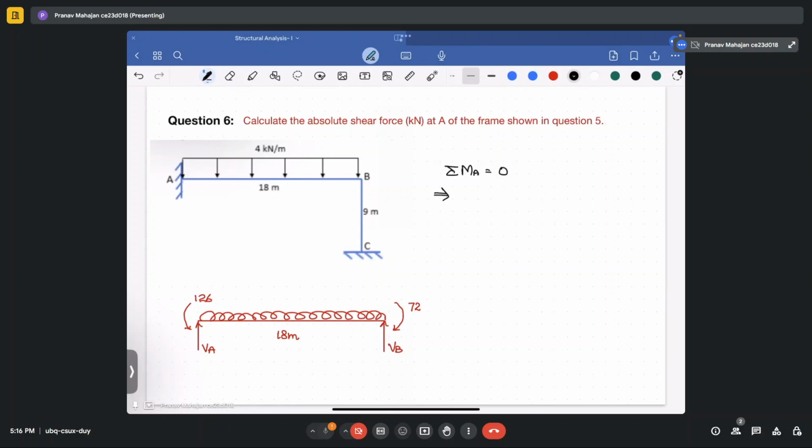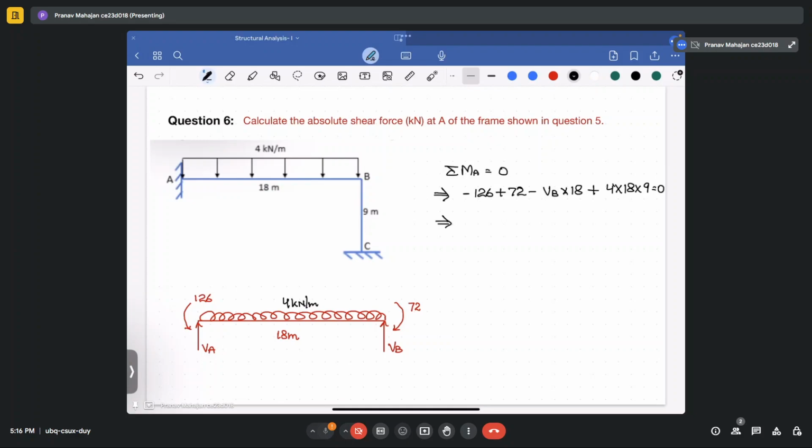You will get VB is minus 126, then plus 72, then this will be negative VB into 18 plus this is 4 kilonewton meter. So it would be 4 into 18 into 9 equal to 0.